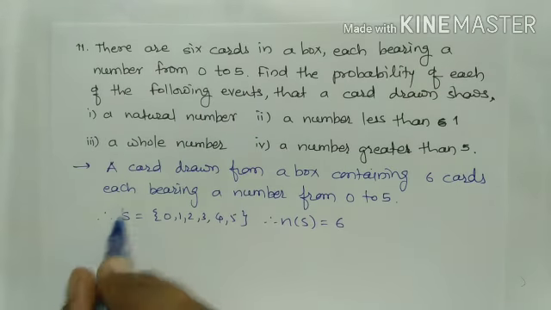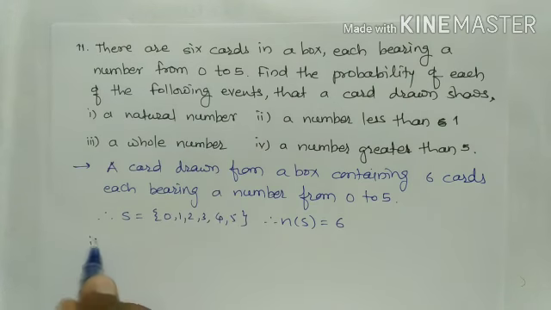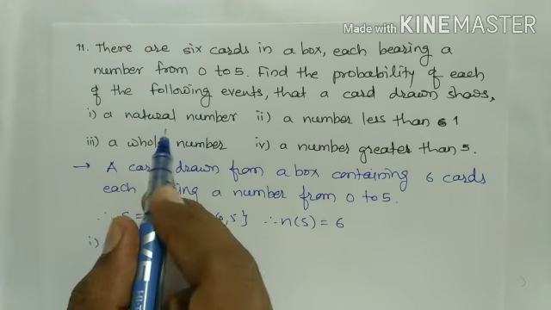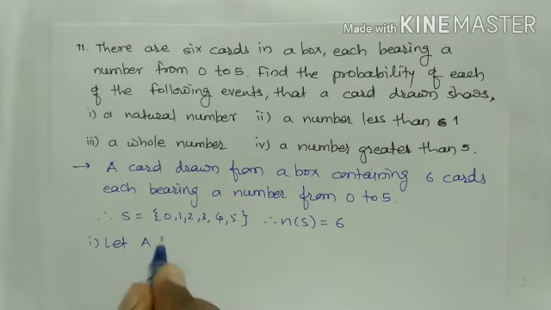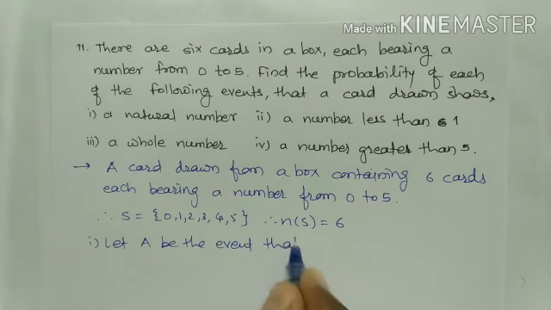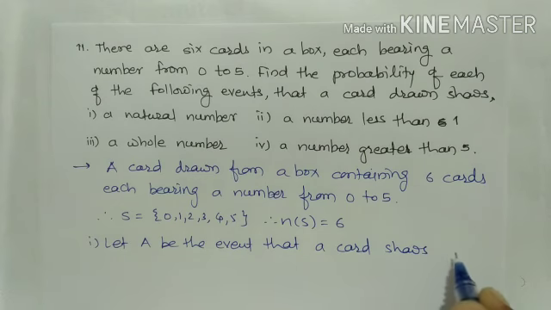Now the events are given, so first let A be the event that the card drawn shows a natural number.